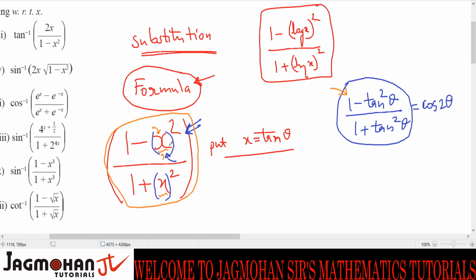Whatever x does in the earlier expression, log x is doing in this expression. The pattern of these two expressions is the same, and I want tan theta here, so I will put log x as tan theta. This is a very important part that we are going to see.